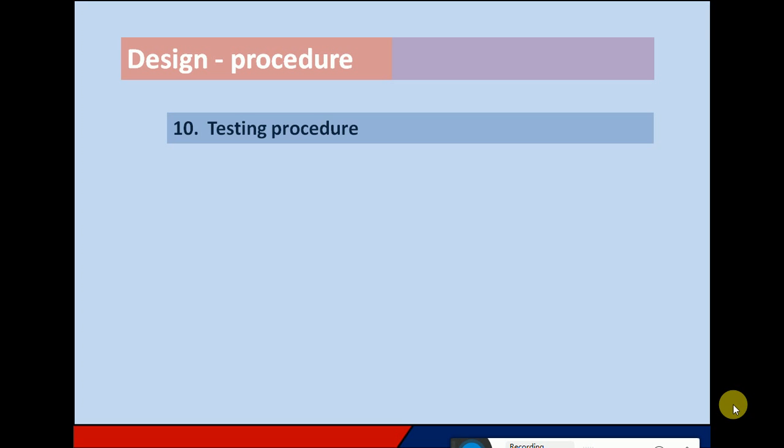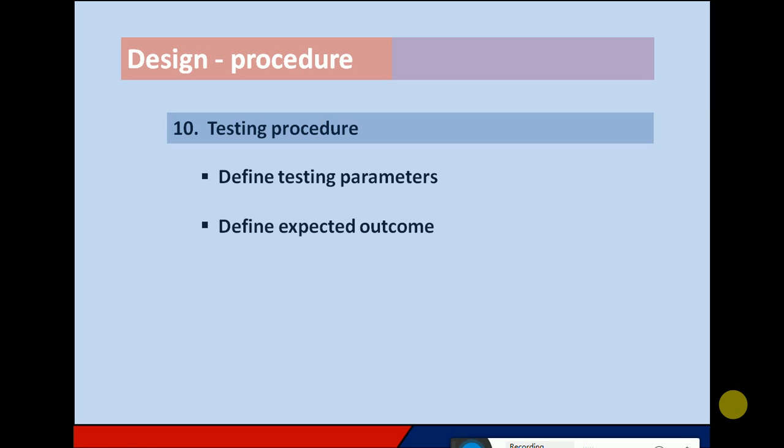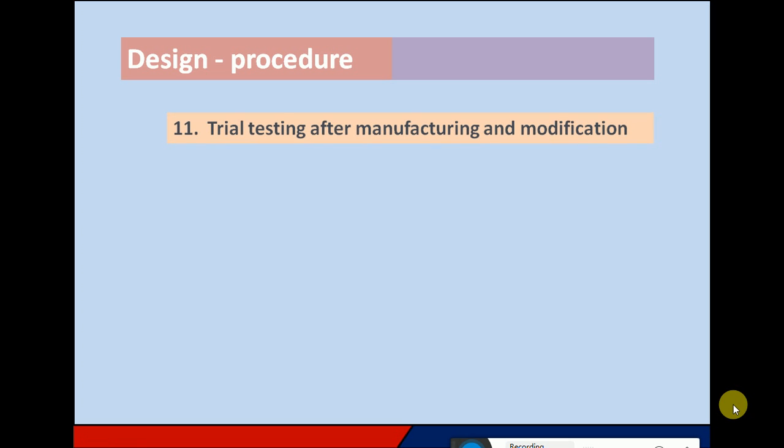We should prepare a testing procedure, and the expected outcome should also be noted. Once parts are manufactured, then assemble them and trial testing should be done, and we should check the result against expected outcomes. If a difference is there, then we need to do the modification, and the above steps should be repeated.